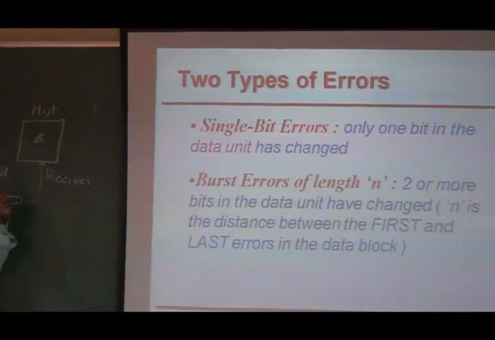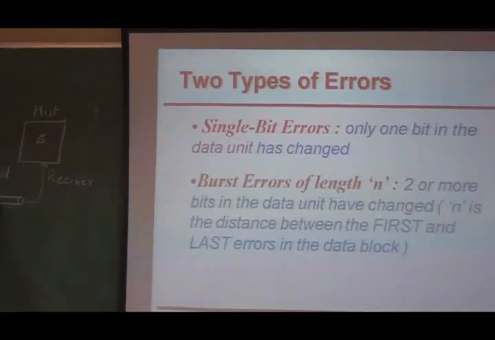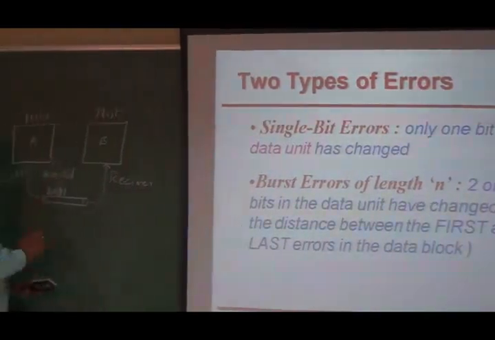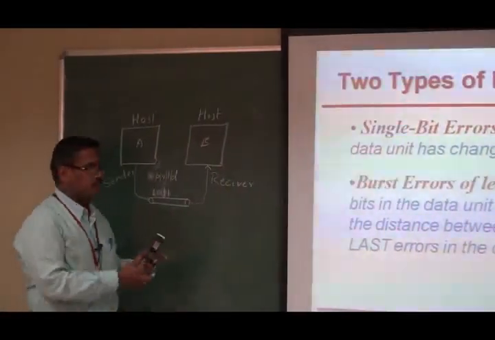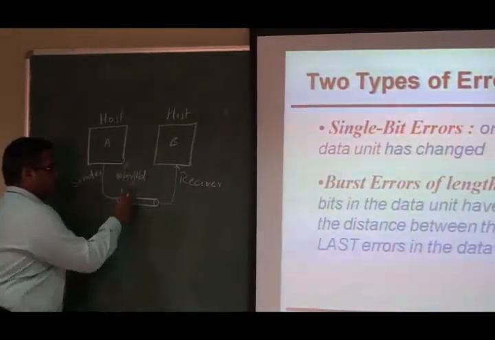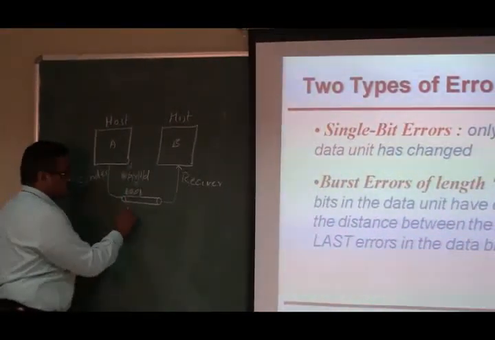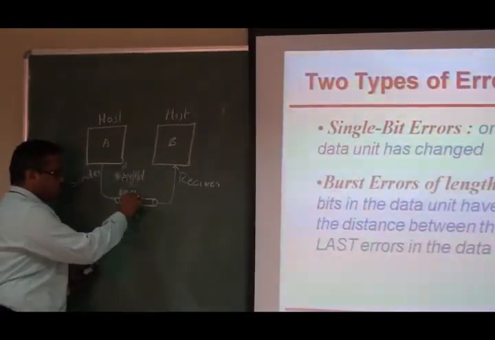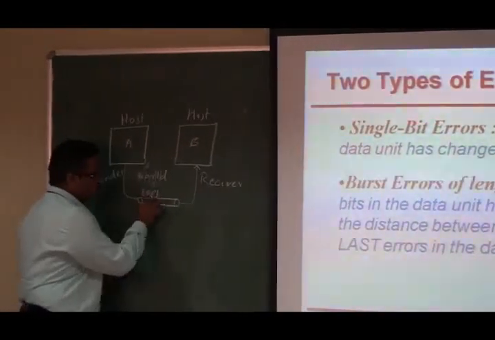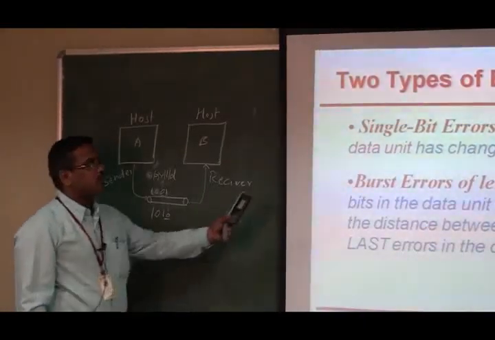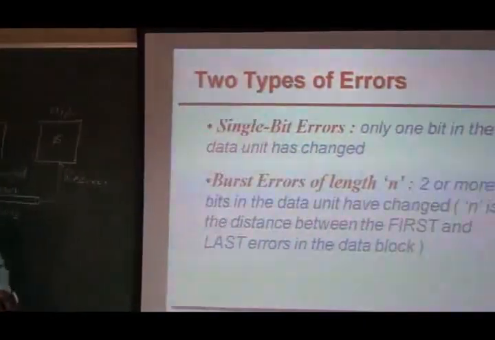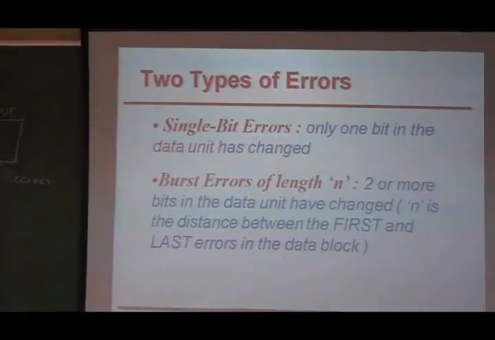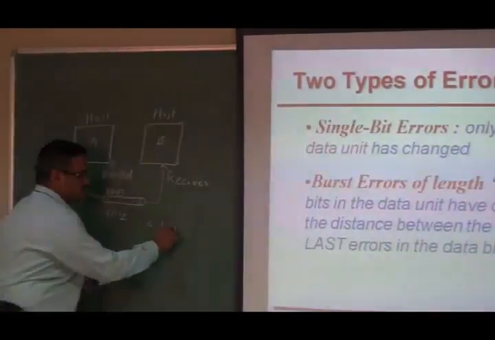When one bit is interchanged, 0 to 1 or 1 to 0, this is called a single bit error. When two bits are interchanged, as in 1 0 1 0, where this 0 is interchanged as 1 and this 1 is interchanged as 0, so two bits are interchanged, this is called a burst error. So the error length is 2, two bits interchanged.